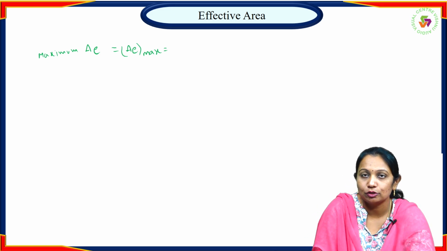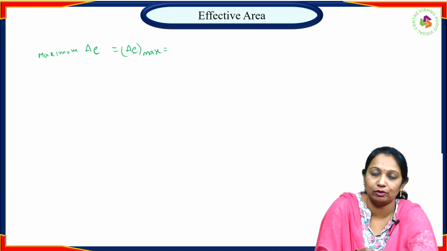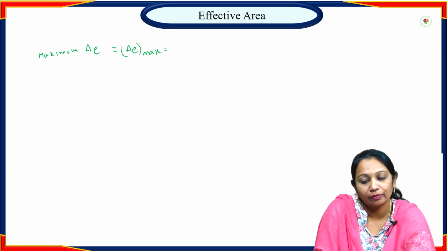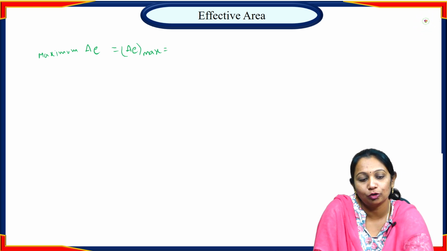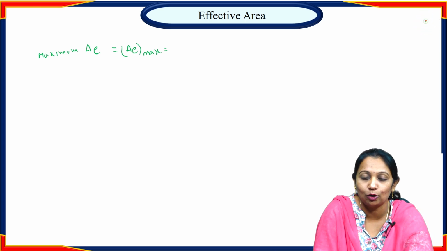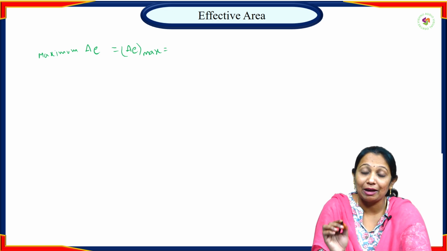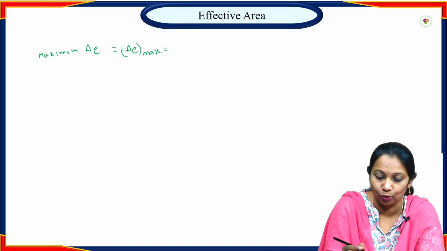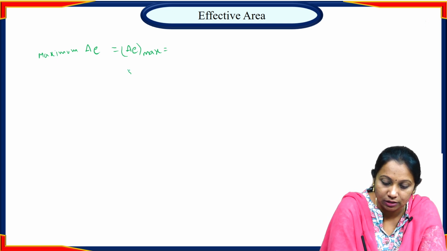For that we have one condition. The receiving antenna extracts the energy from the traveling waves and delivers it to the load terminal. So when the maximum energy can be delivered to the load, the conditions are as follows.